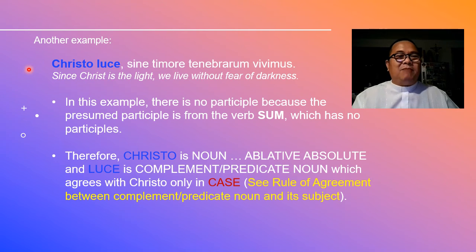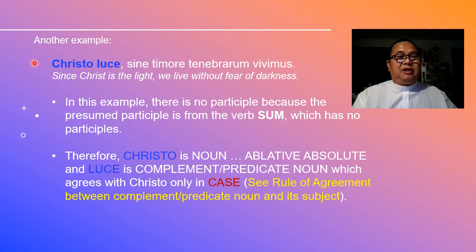In this example, there is no participle. Remember, the ablative absolute has a noun in the ablative and then a participle. Why are there two nouns here that are both ablative? Here is the explanation. The supposed participle here is the verb to be.